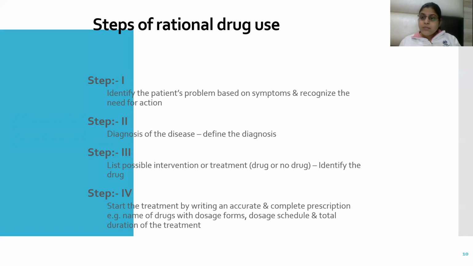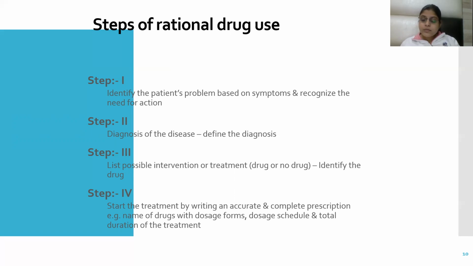Name of the drug should be given in proper dosage form, whether it is tablet, capsule, or injection, whatever it is. The dosage form should be specified. Dosage schedule, how it has to be taken, BD, TDS, OD, or QID, or SOS, that should be written. And total duration, for how many days it has to be given, that should be written.